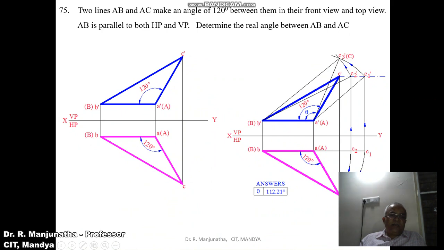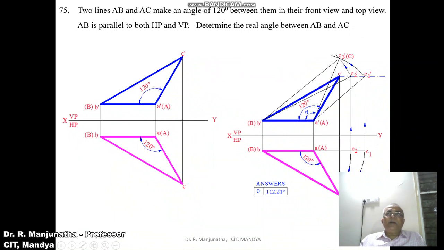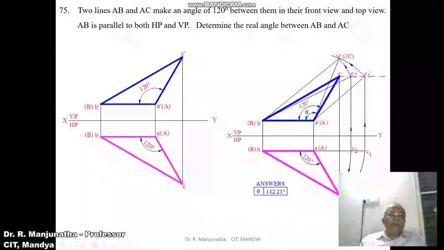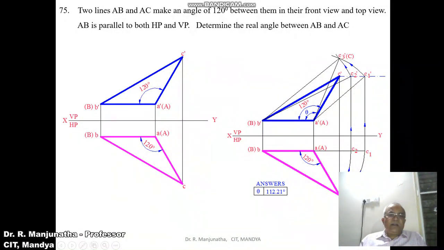So this is a case of a line inclined to both HP and VP. This is an apparent length and this is also an apparent length. That is the reason why we cannot write this as capital C here or capital C here, because both lines are inclined. Similarly, when you consider B dash C dash, you can see that the line is inclined to HP, and BC, the line is inclined to VP.